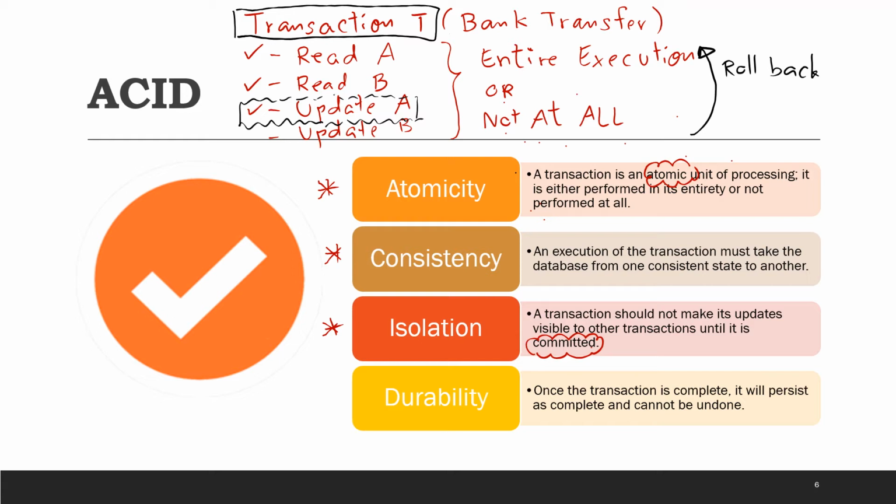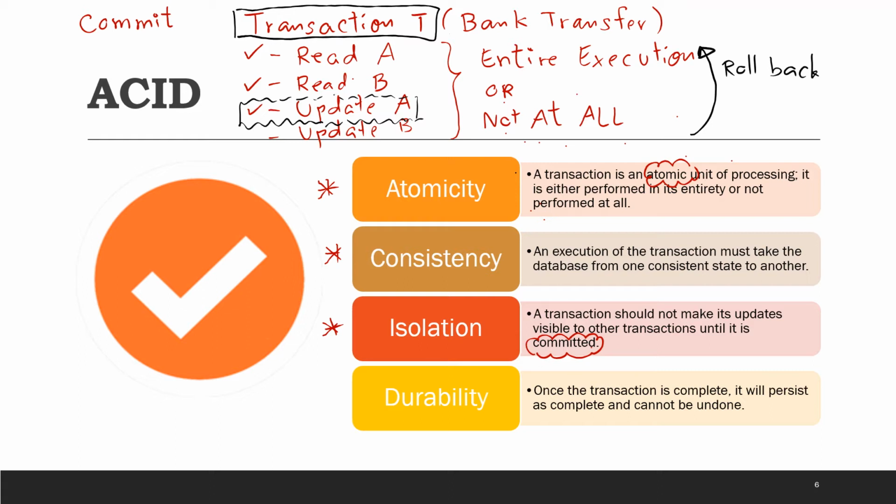Commit means a transaction is considered to commit, meaning that its entire execution has been successful. So when a transaction T can successfully execute all operations within it, then the transaction will commit, and anything that has been made by a committed transaction will be permanent. Okay, so this is the meaning of commit.